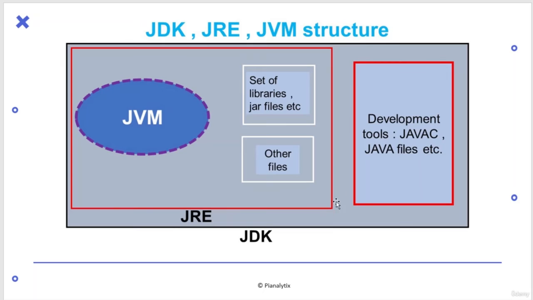Then there are the development tools, which contain the Java compiler files. The JRE, JVM, and development tools all make up the JDK. So what we just downloaded, the JDK, contains the JVM, JRE, and everything. It will execute our Java file and give the desired output. So these are the basic concepts of JRE, JVM, and JDK.